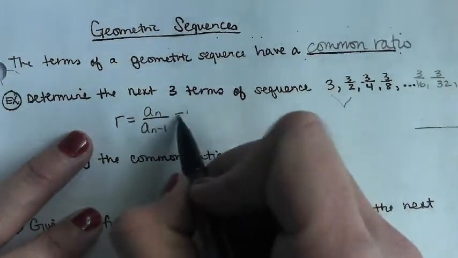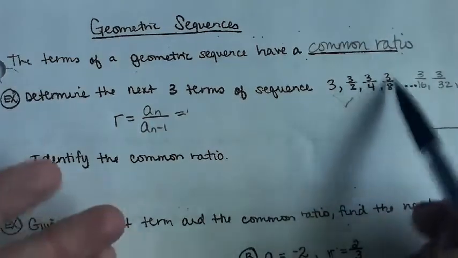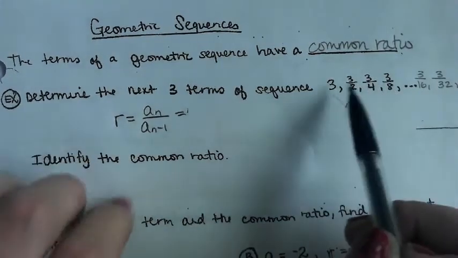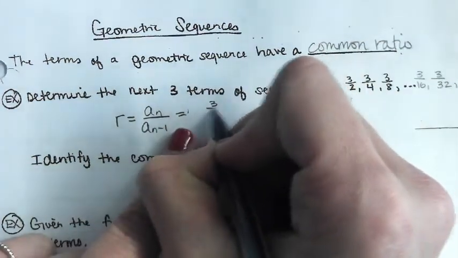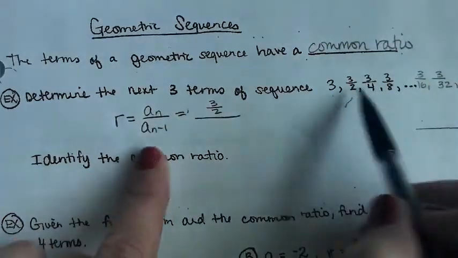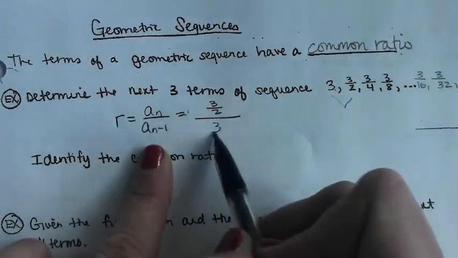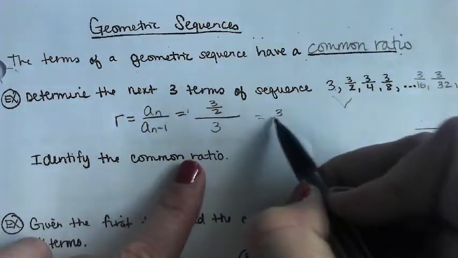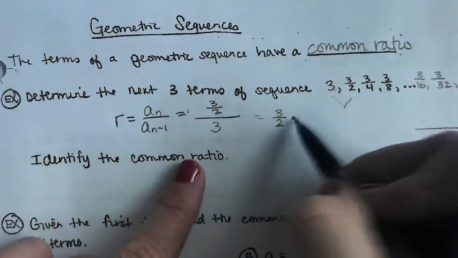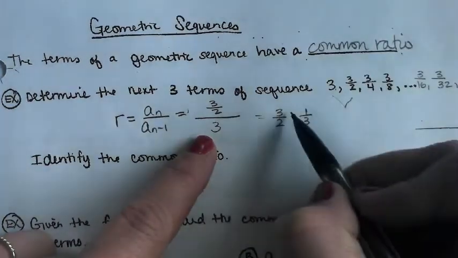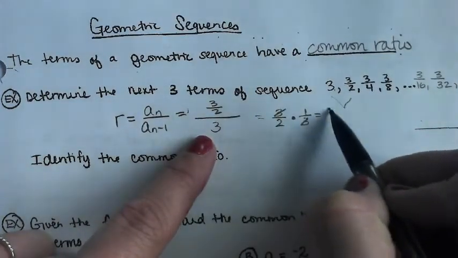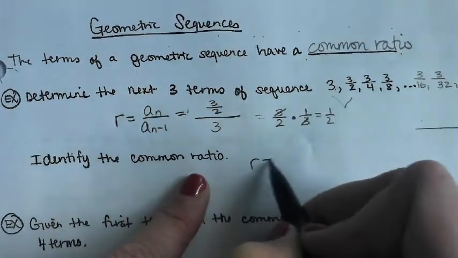So in this particular problem, you can take any two consecutive ones. Let's say we'll just do the first two. You can take 3 over 2 and divide it by the previous term, which is 3. And then it's a little bit tricky here because they're fractions. Change the division to multiplication and flip 3 to 1 over 3. And your 3's cancel, and you get 1/2. So the common ratio is 1/2.